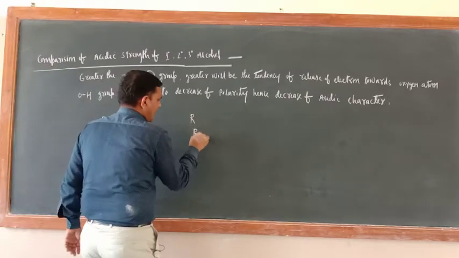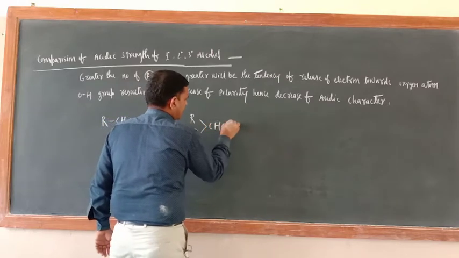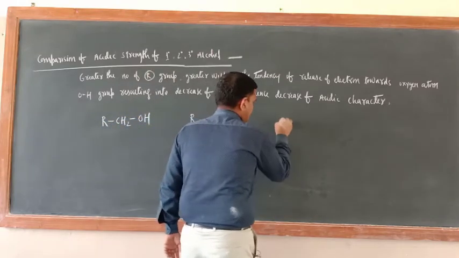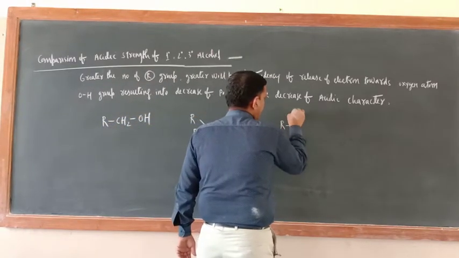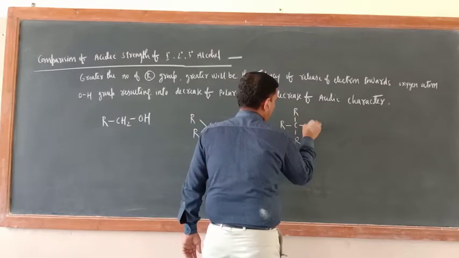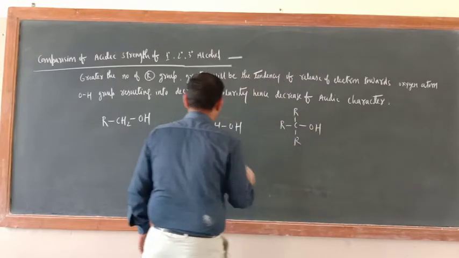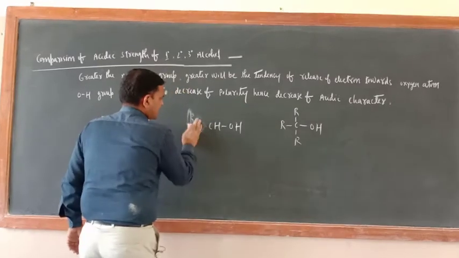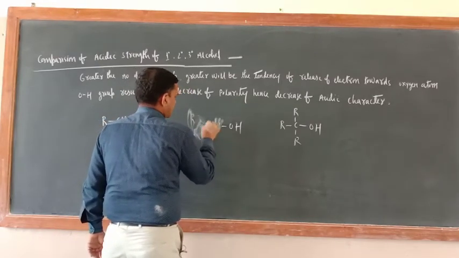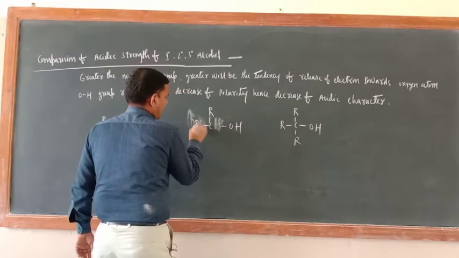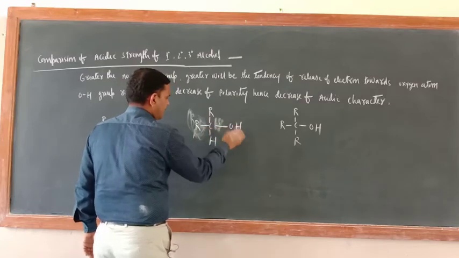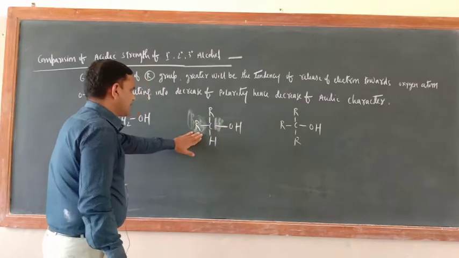This is R2CHOH, 2 degree alcohol. This is R3COH, 3 degree alcohol. Okay, please make this one like that, R and H. Okay, so now try to understand here.